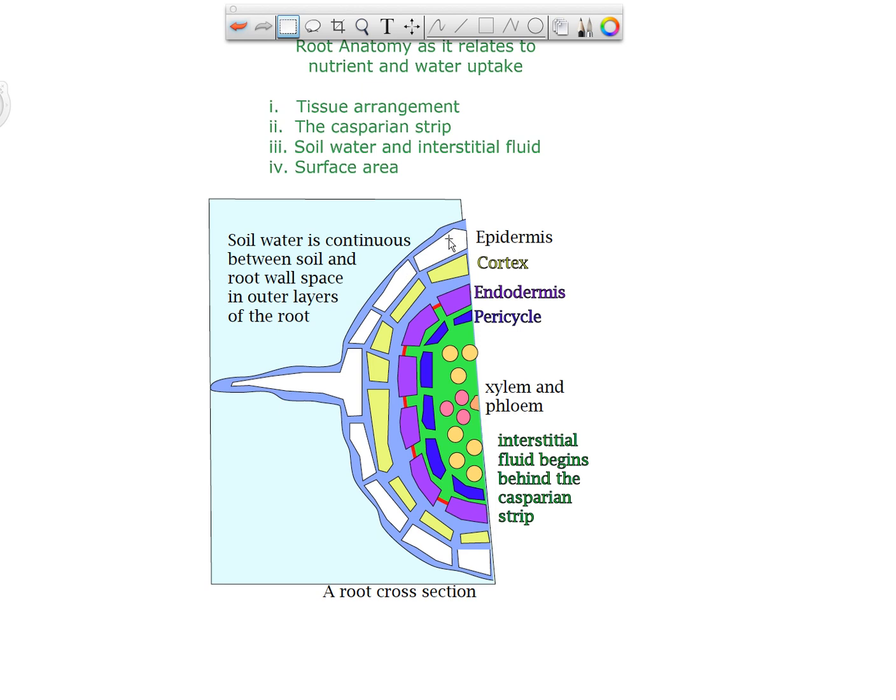These cells bathing in this soil water can take up nutrition from the soil water, much as our brush border cells can take up nutrition from the fluid passing through the small intestine. We'll talk about the way they do this in the next slide, but notice that the endodermis is also in contact with that soil water, and the endodermis too can take up nutrients from the soil water.